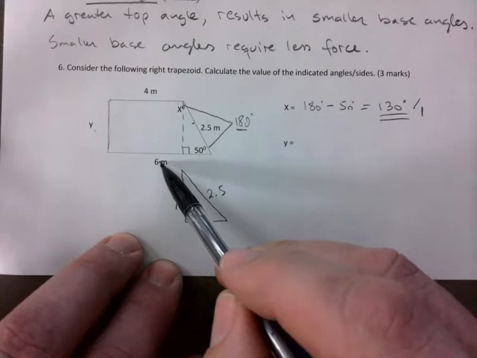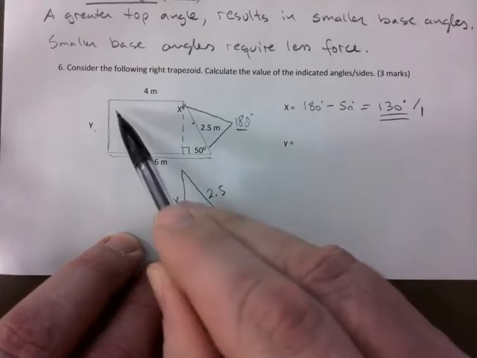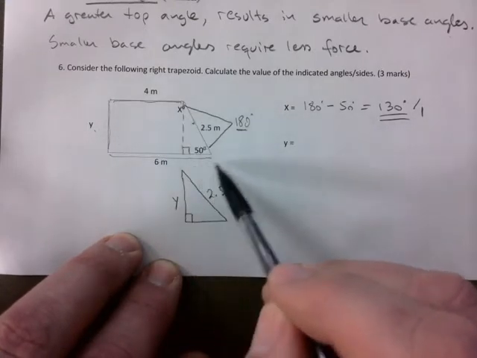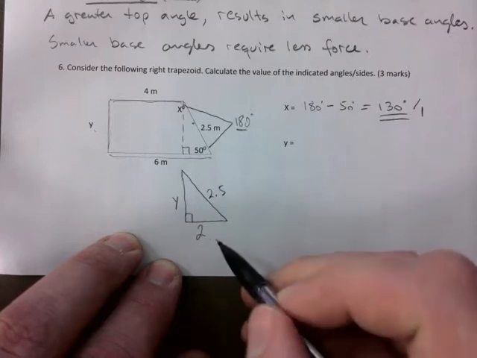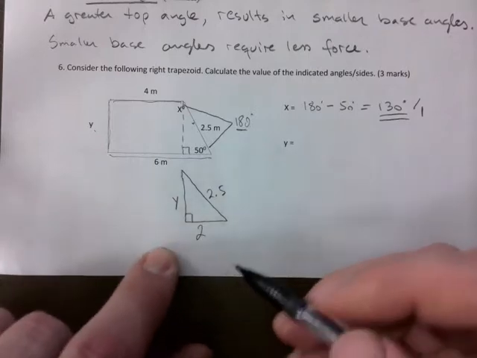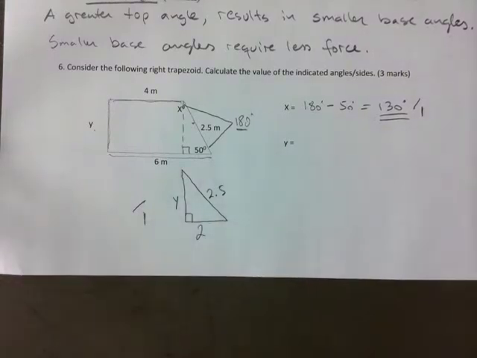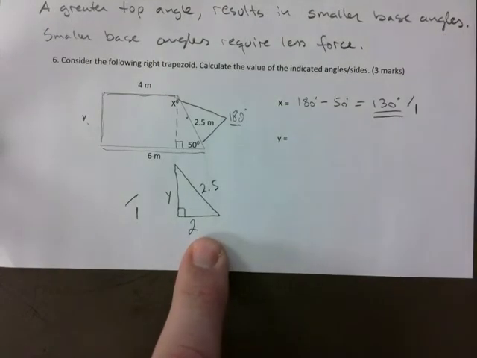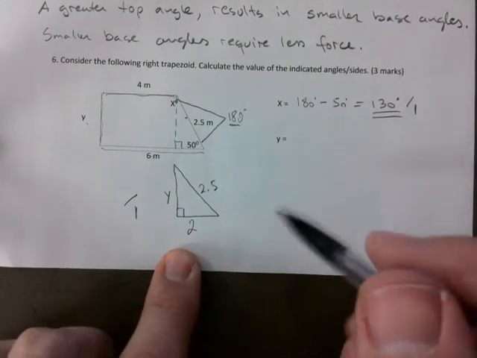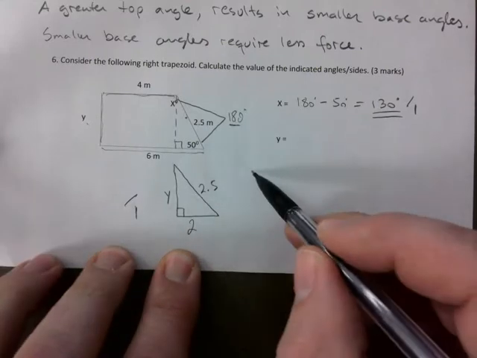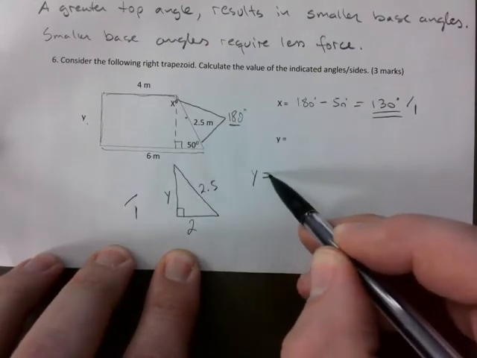And I'm just going to go 6, this whole thing minus 4, and I'm left with 2. If you have this, I would give you 1 mark already. If you took that right triangle and you put the 2 there, those are significant concepts.